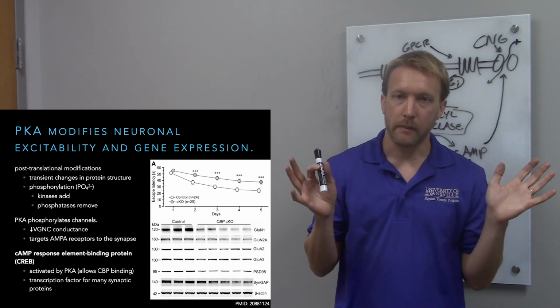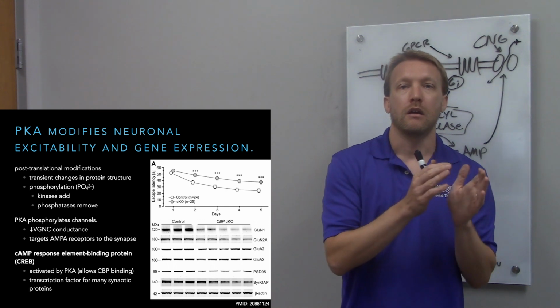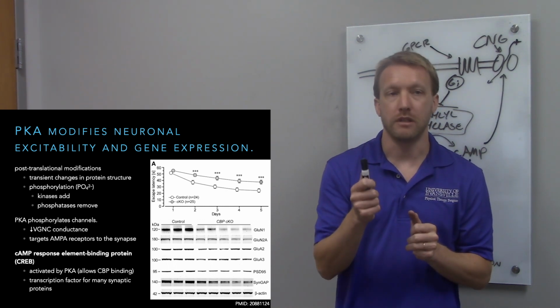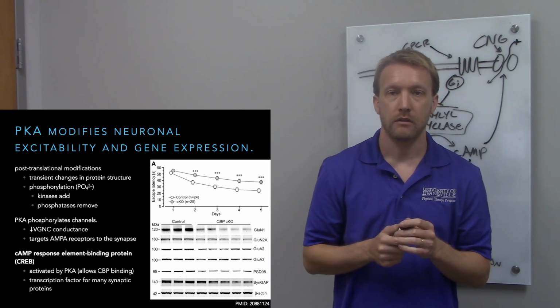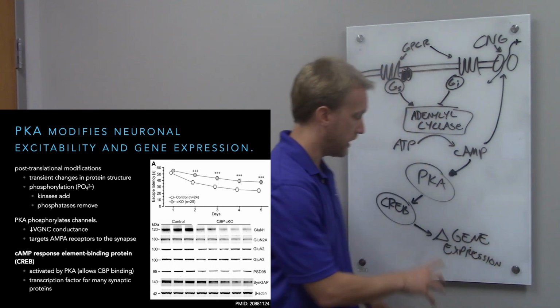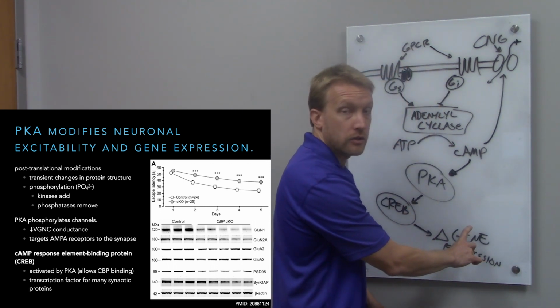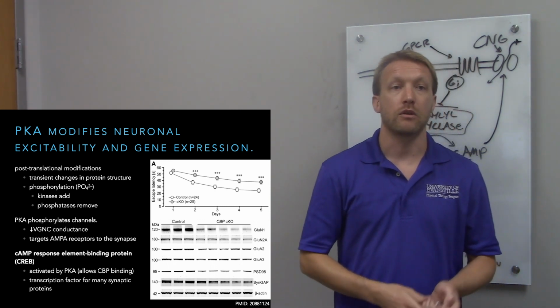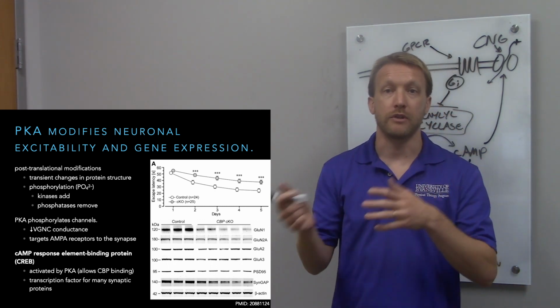Control, normal mouse, nothing wrong with it. And then on the right, that's the CREB binding protein knockout. So they got rid of a protein that's critical for CREB to do its thing. So they prevented this, in other words. On the right, we're looking at decreased CREB function. In other words, we're seeing what happens when CREB doesn't work.